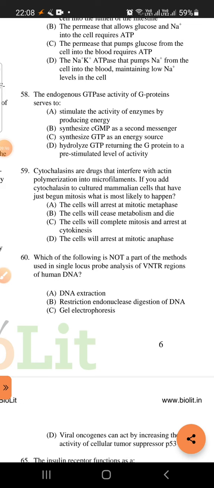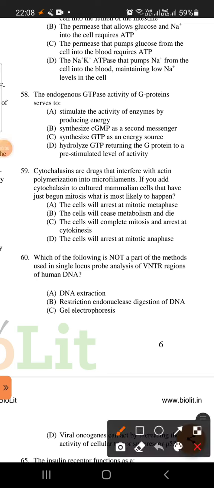First option is the cells will arrest at mitotic metaphase. If it interferes with polymerization into microfilaments, it will not arrest your phases, right? It will arrest the phase where your cells get separated. So it will only act at the level of cytokinesis. So the cells will complete mitosis, with no harm to the cell, and arrest at cytokinesis.